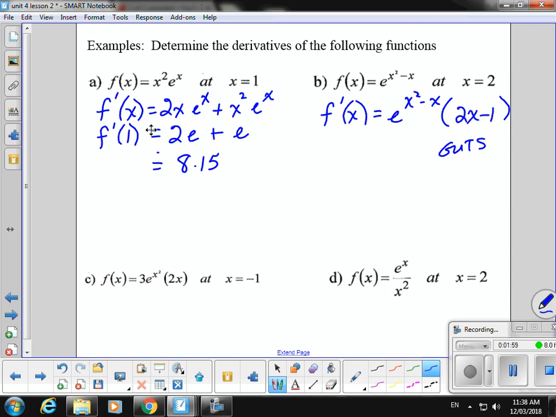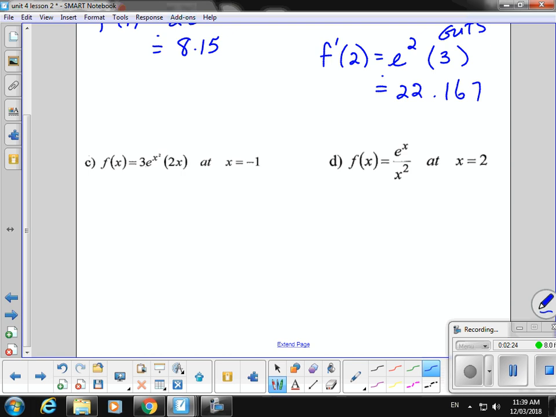We want to know the value of the derivative when x equals 2. So I have e to the 2 overall times 4 minus 1 is 3, 3e squared, which again I need my calculator for. The slope of the tangent at that point is approximately 22.167.